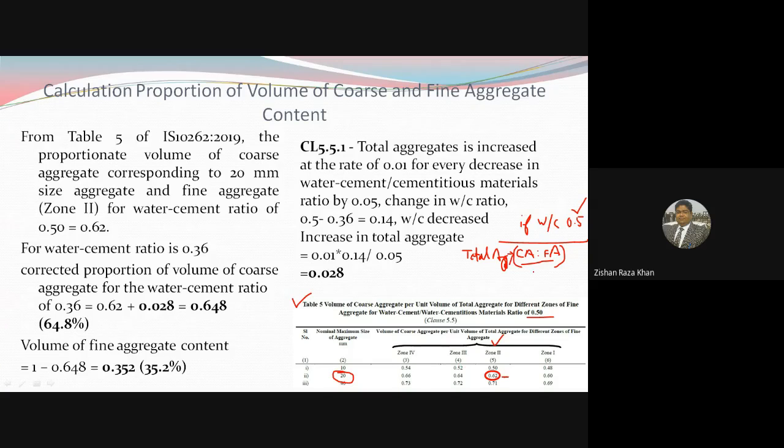It means 62% will be coarse aggregate, and 38% will be fine aggregate.